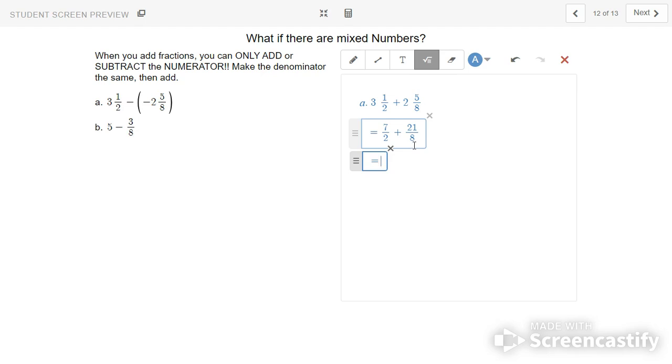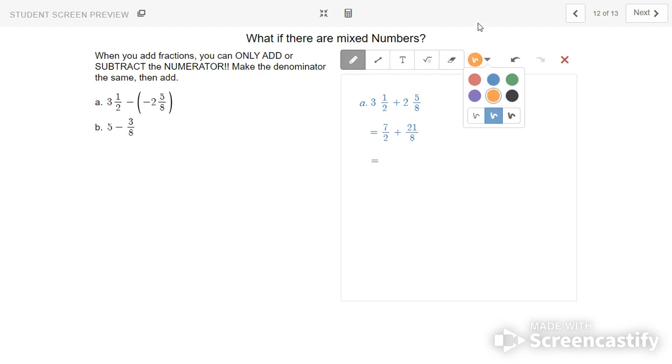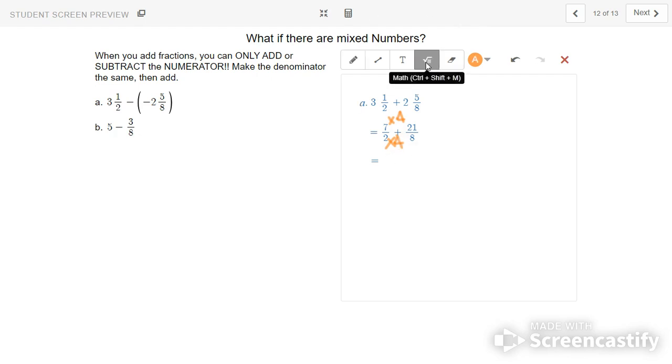Now, if you couldn't find 8, you could just simply multiply these two together. But I'm going to say if I multiplied the first fraction by 4, I have an equivalent fraction. So let's rewrite this.